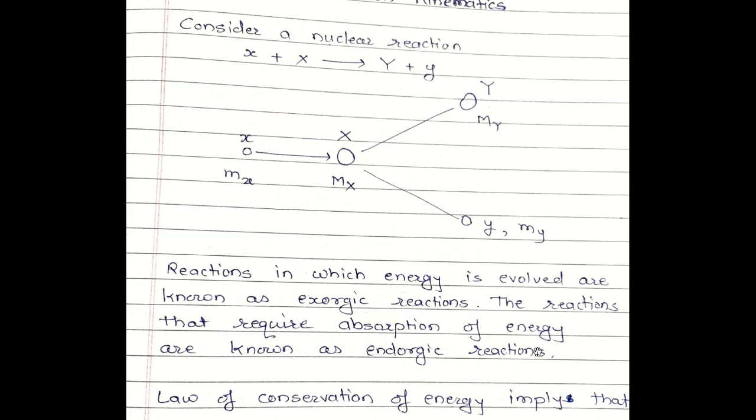So we can divide nuclear reactions into two groups: exoergic reactions and endoergic reactions. For an exoergic reaction, we don't need to supply any energy, but to carry out an endoergic reaction, one must give energy to the reactant particle and reactant nucleus.